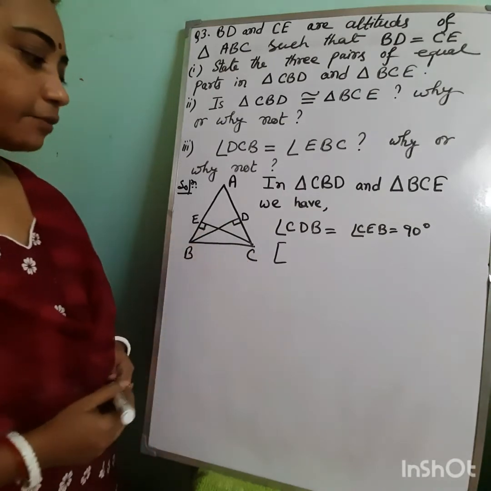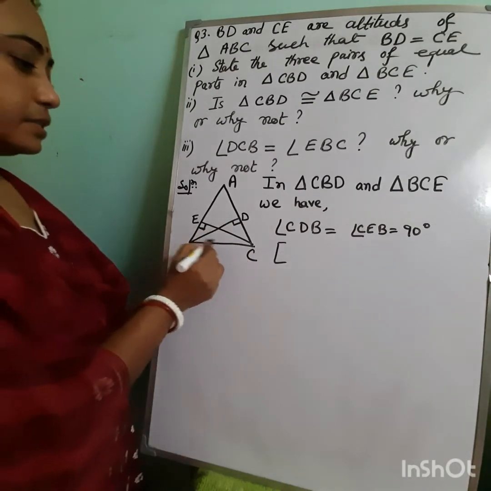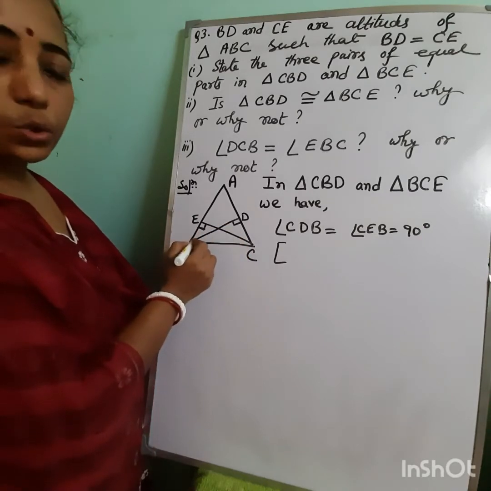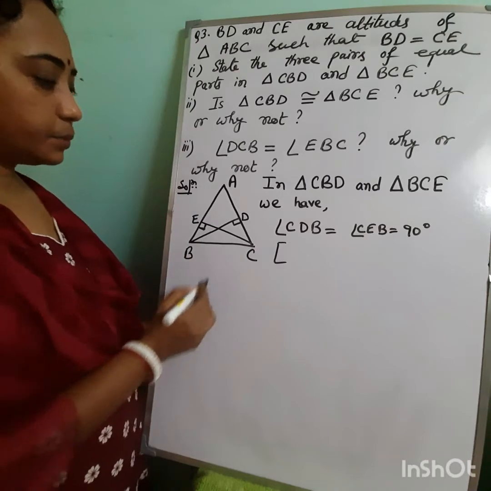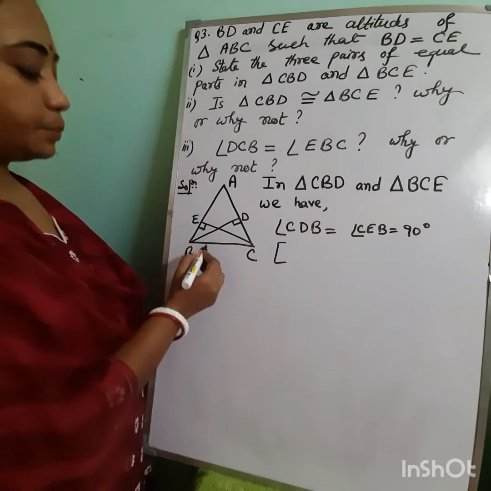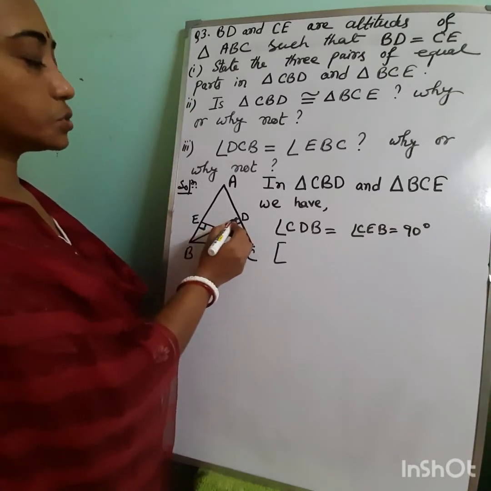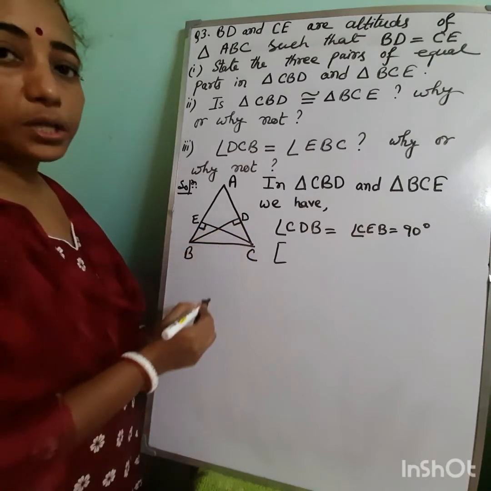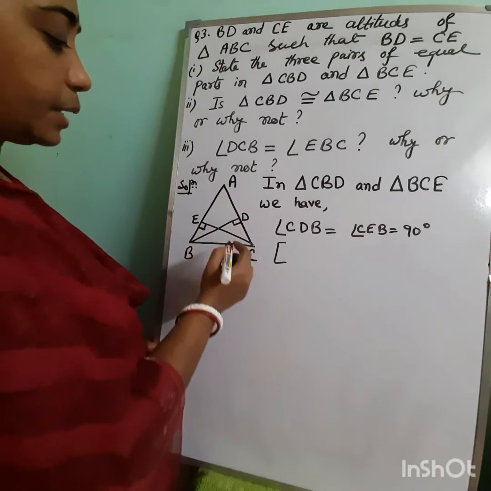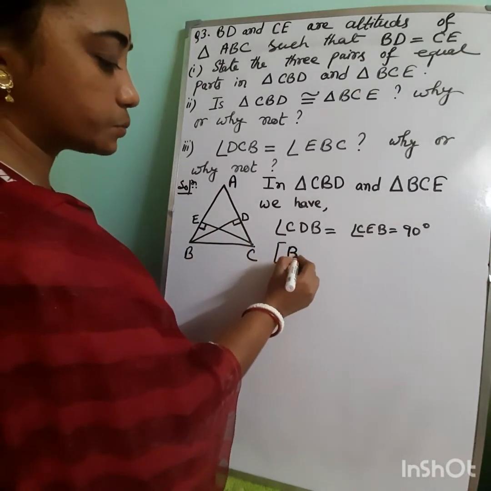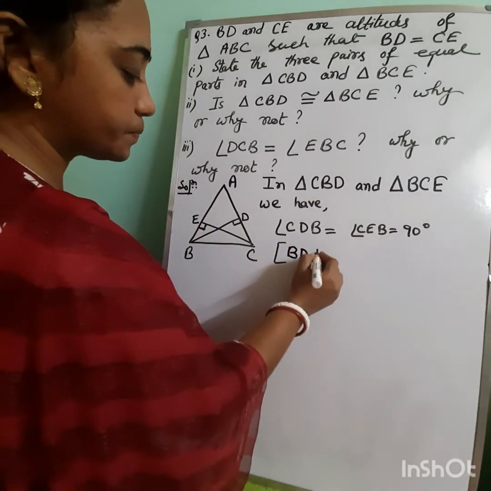Now, in triangle CBD and triangle BCE, we have angle CDB is equal to angle CEB. Both are 90 degrees because it is given that BD and CE are the altitudes. If BD is the altitude of triangle ABC, then BD must be perpendicular to AC.